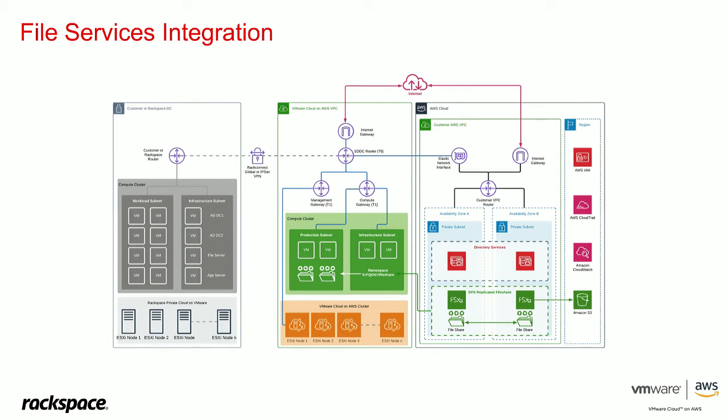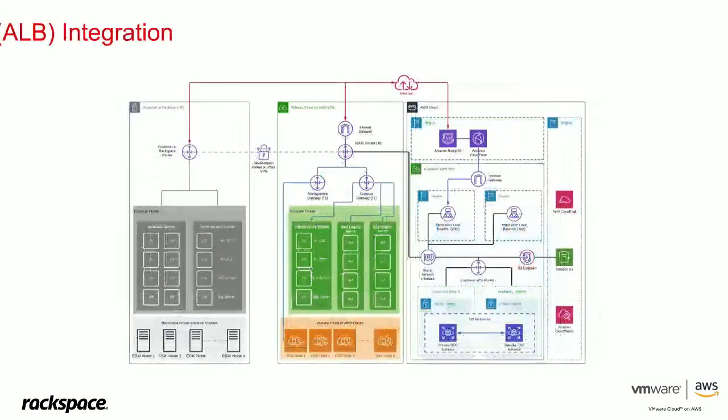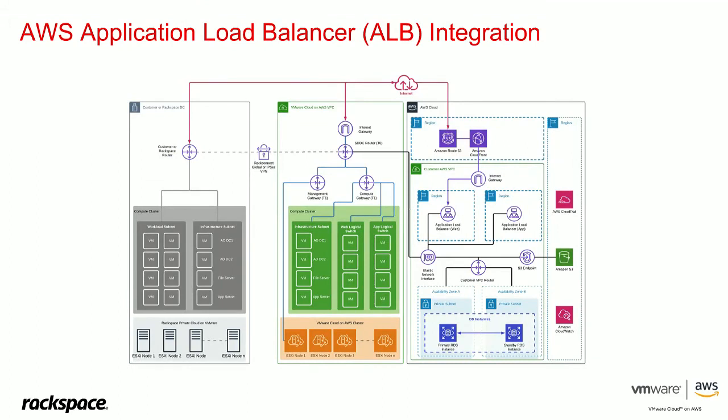So again, another instance where you can make use of redundant services in AWS to provide services to your VMware estate. And finally, the one that I was talking about earlier, application load balancers.